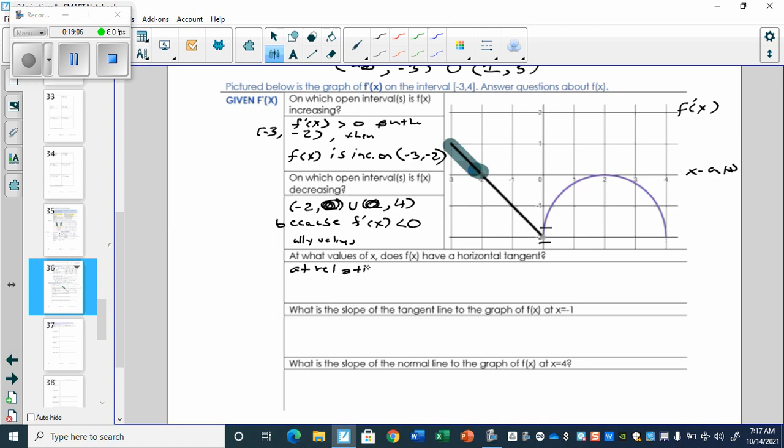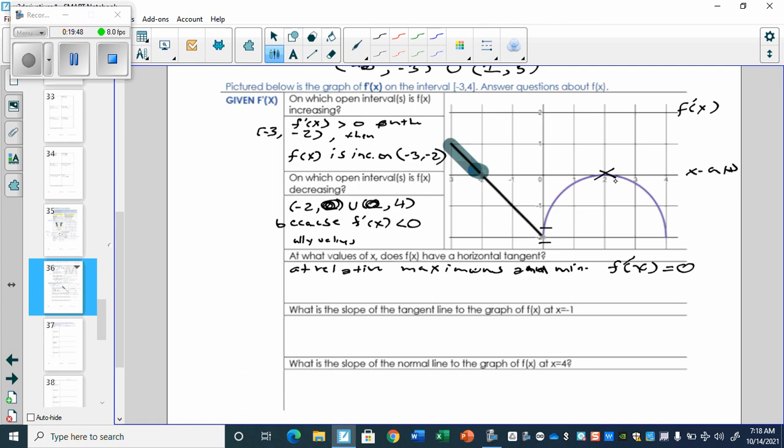at relative maximums and minimums, f prime of x equals 0. So where can I find relative maximums and minimums? You look at the x-axis and you find the places where the derivative has a 0.